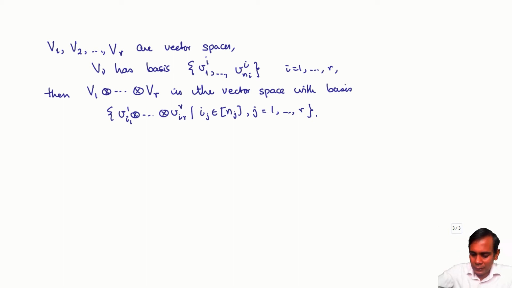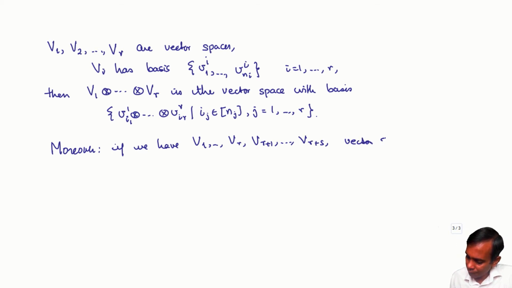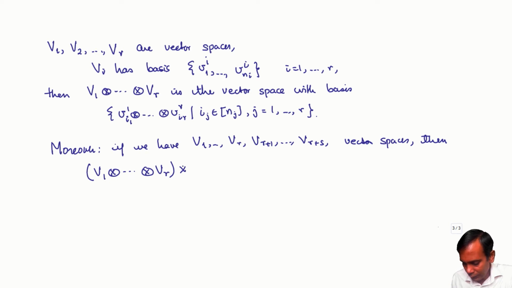And it's not difficult to see then with this definition that if we have vector spaces V1 up to VR and then a few more vector spaces V_{R+1} up to V_{R+S}, then V1 tensor up to VR, we take this tensor and then tensor it with the other tensor V_{R+1} tensor up to V_{R+S}.